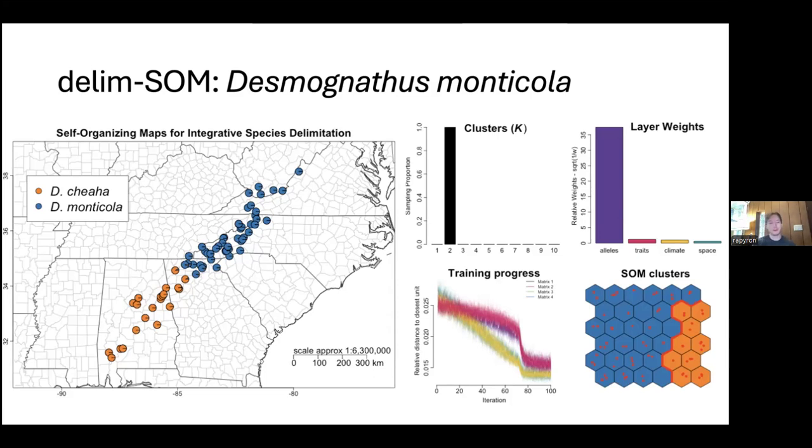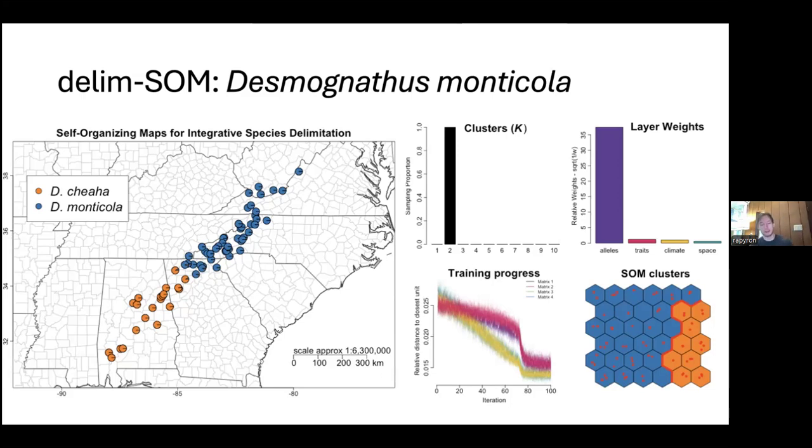And so this is really the first algorithm that I'm aware of that actually allows us to do integrative taxonomy in this context of simultaneously, quantitatively analyzing more than just genetic data or more than just trait data in a single analysis.